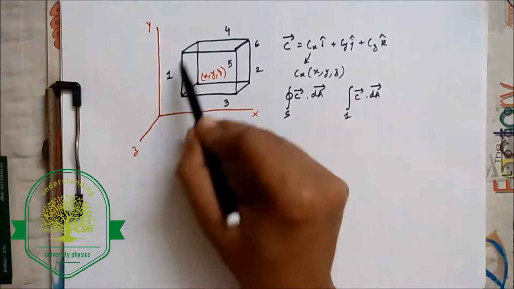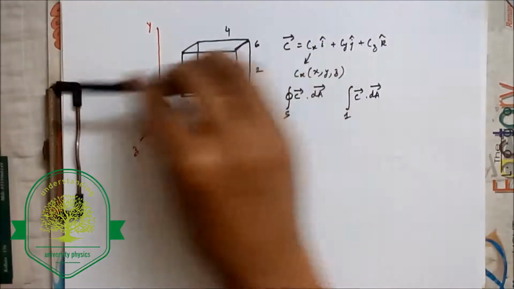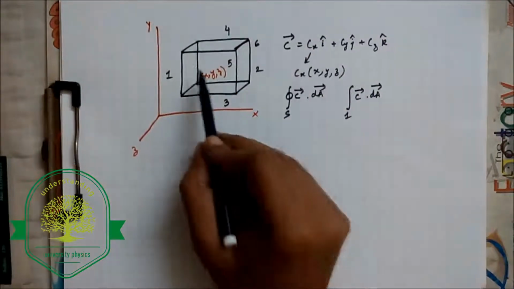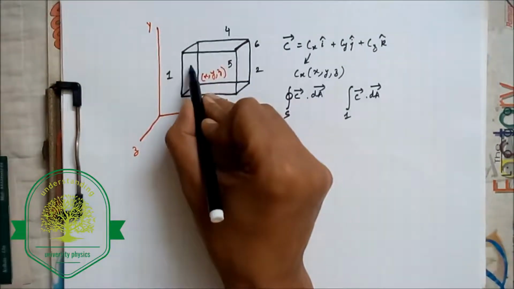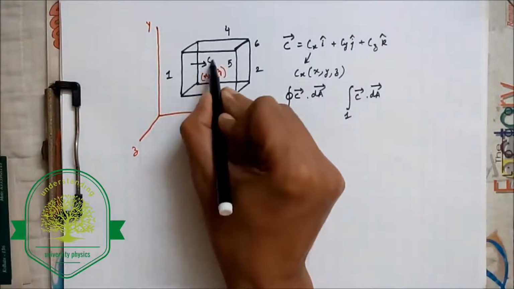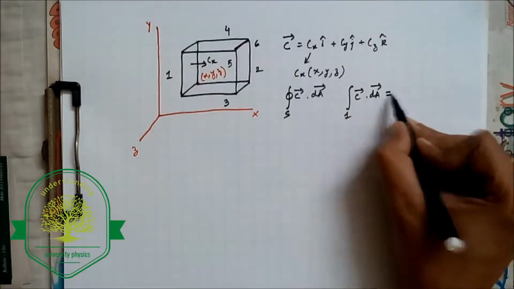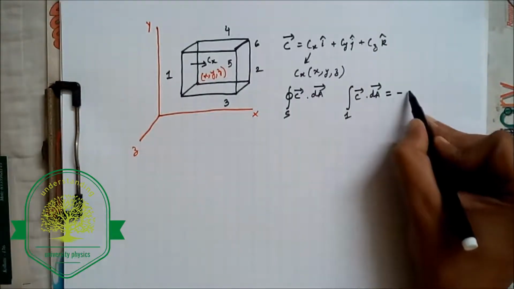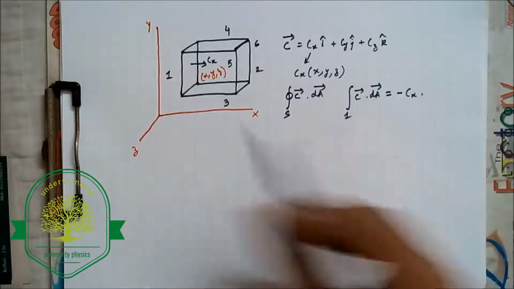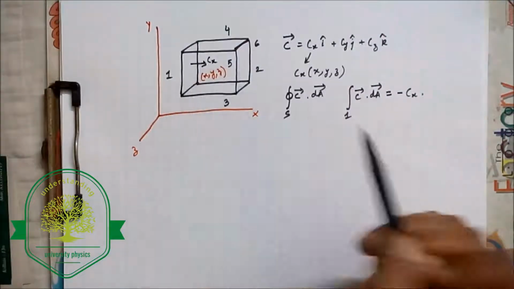For this plane, the area vector dA will be pointing in the negative x direction, and we'll have to take the x component of C, which is Cx. So this will become minus of Cx times the area of this.